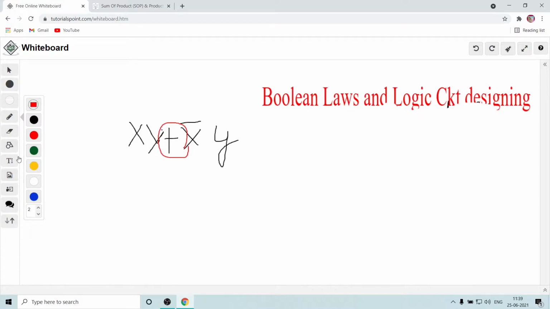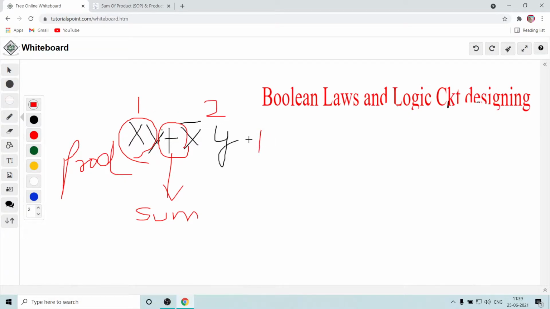So here we can say that this is sum of what? Sum of product terms. This is my product term. Terms we are saying, so this is my term 1, this is my term 2.